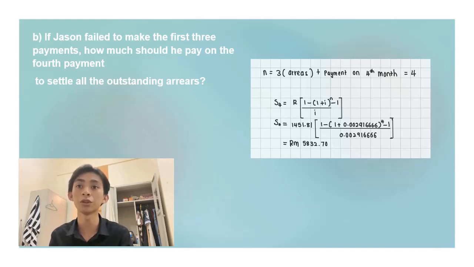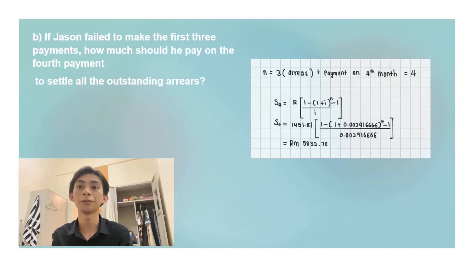After that, we use the formula A equals R open big bracket 1 minus (1 plus I) power negative n over I, close with the big bracket.